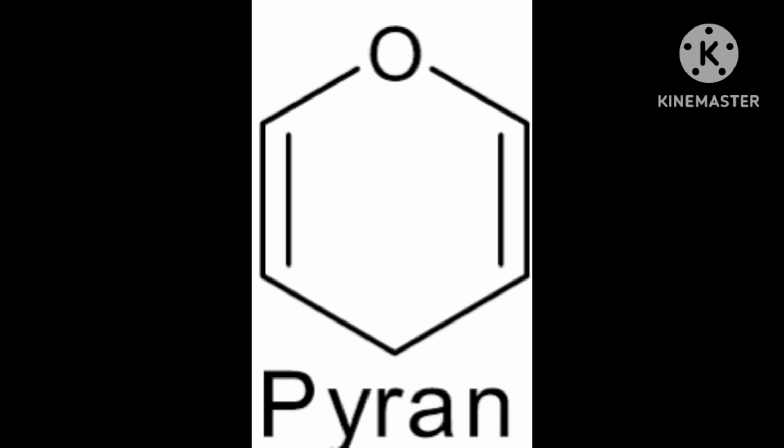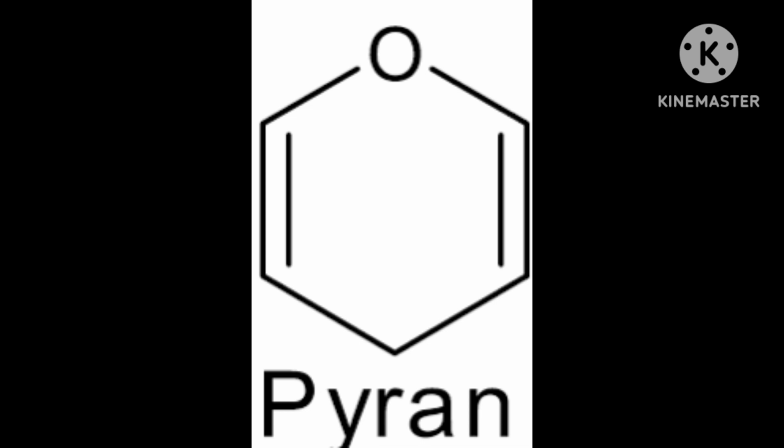Because now it is joining the CHO and OH group, H2O will go outside, the OH plus H as water. Oxygen will be negative when H goes as H plus, and when OH minus goes, then carbon will be positive.